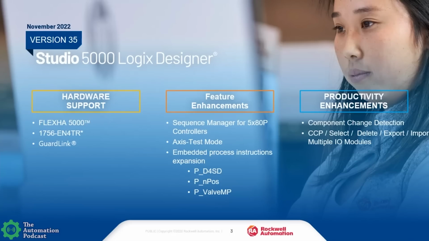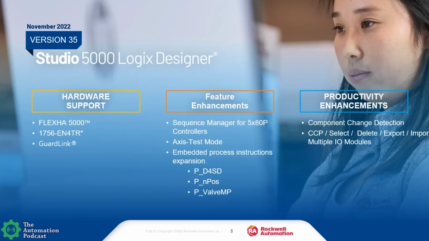When it comes to hardware support, I won't go too into this since I'm more on the software side of things, but this is still a very exciting release when it comes to hardware. With this release, we have the new Flex HA 5000 and GuardLink platforms coming out soon, as well as enhancements to our tried and true hardware, such as the 1756-EN4TR.